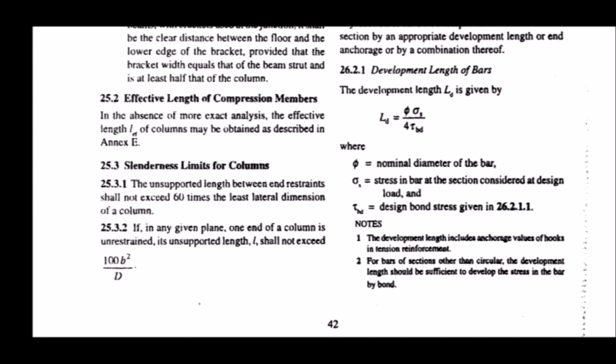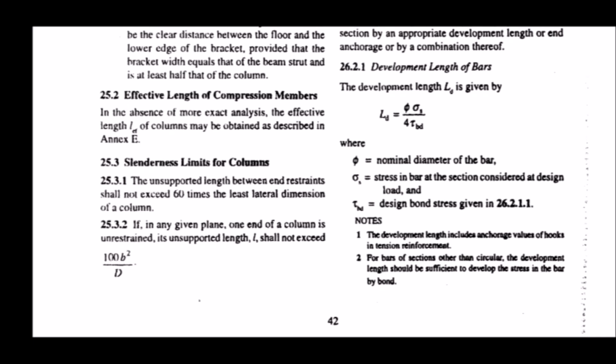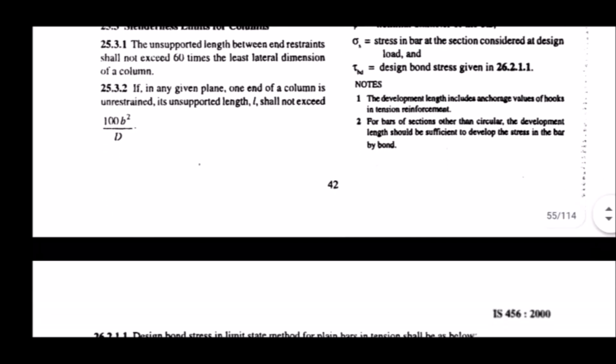So phi is the diameter of bar, sigma s is stress in bar at the section considered at design load, but sigma is the abbreviation we use for working stress method. In case of limit state method, instead of this we use Fy by gamma, and the value of tau bd is given in 26.2.1.1. Let's check the value of tau bd.